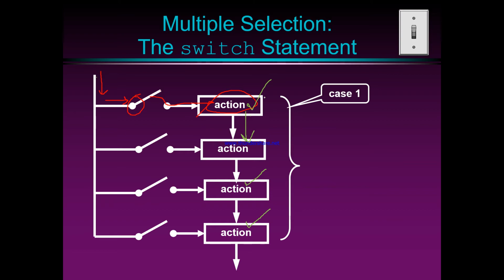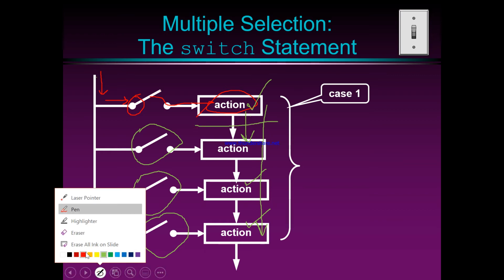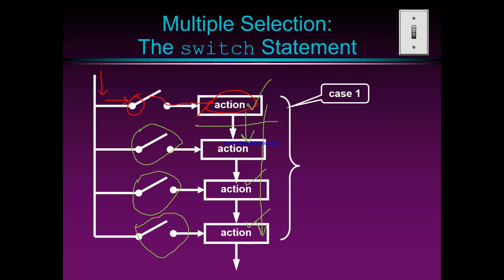So all the actions will be performed and executed irrespective of their case labels, because we do not introduce any break here. There is no break, so the execution will come through all the labeled cases.